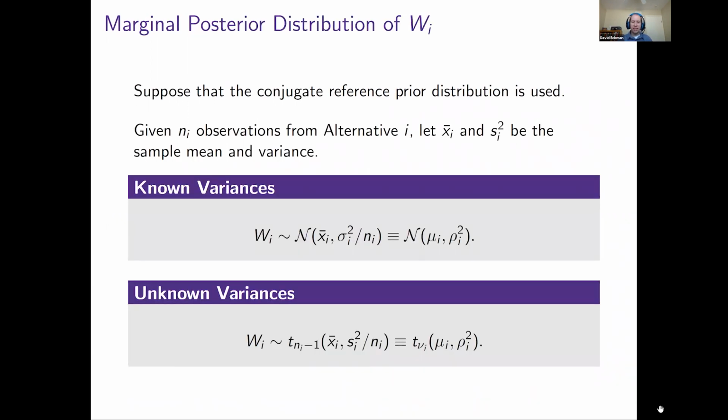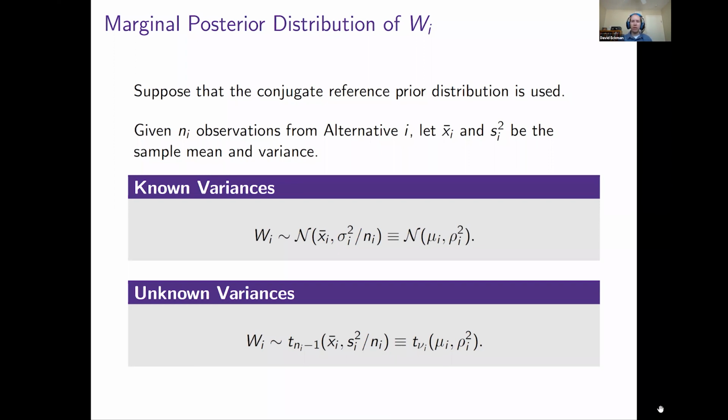To get a concrete idea of what these posterior distributions look like under this setup, if you were to walk in with a conjugate reference prior, a non-informative prior, and take N_i observations from each of the alternatives, then the sample mean and sample variance that you get from each alternative are what set the marginal posterior distribution for each of the alternatives.